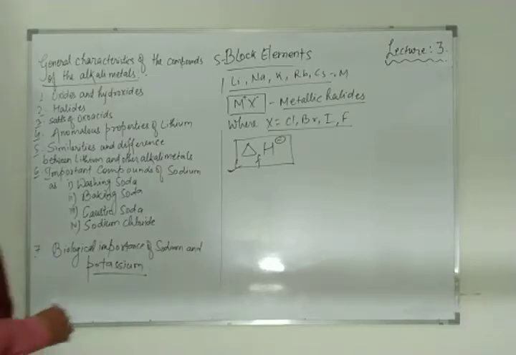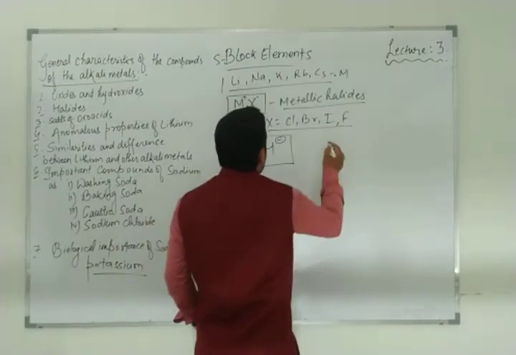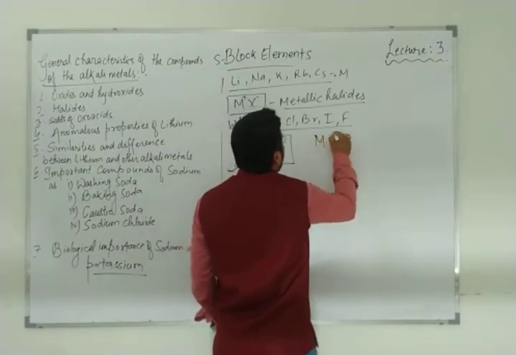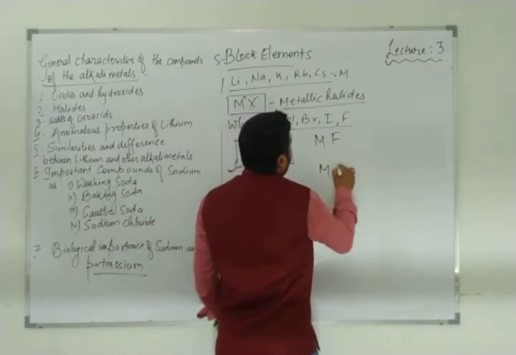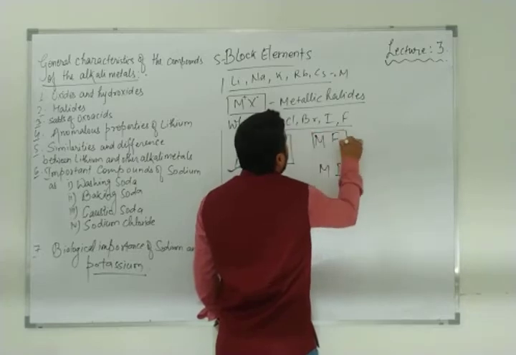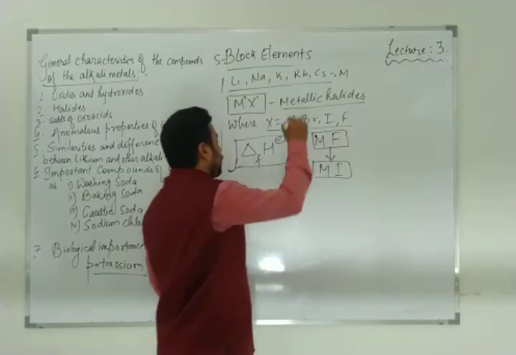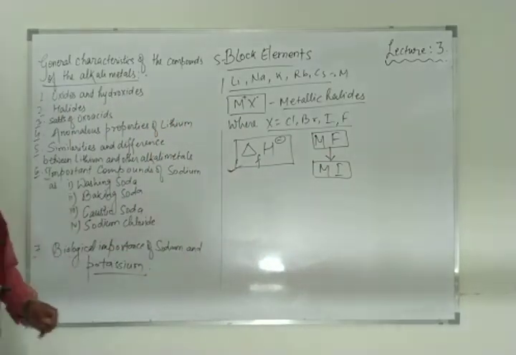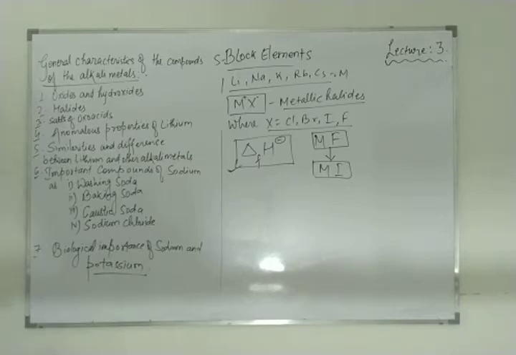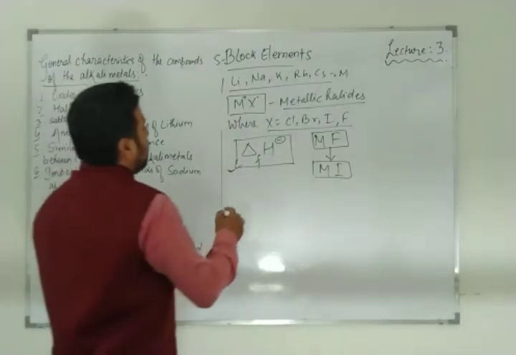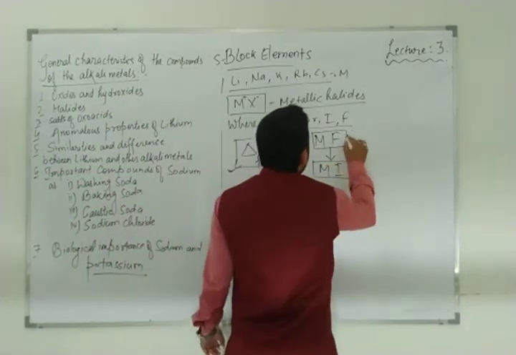If I talk from MF to MI, means metallic fluoride to metallic iodide, as we move down the group, means fluorine, chlorine, bromine, iodine, what will happen to the delta HF values? Delta HF values will always become less negative from fluoride to iodide, meaning the maximum will be for fluoride, then chloride to iodide.